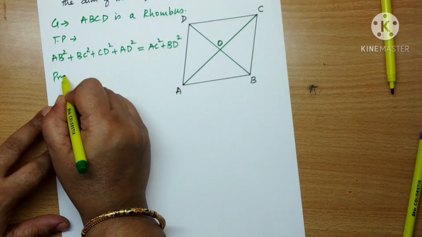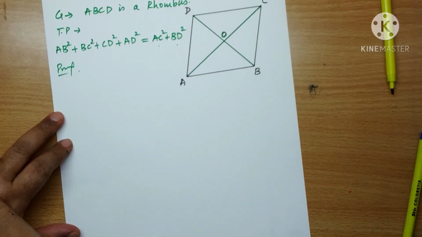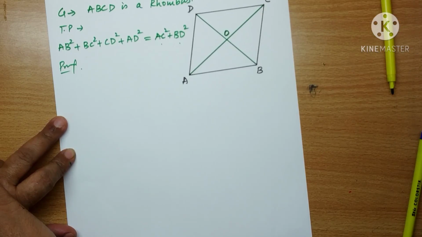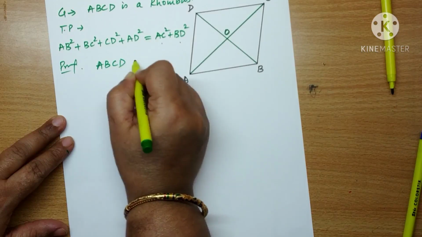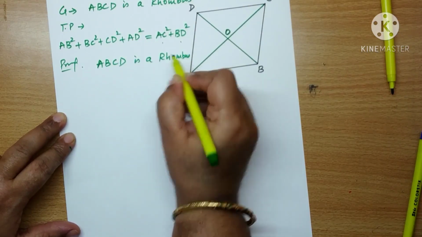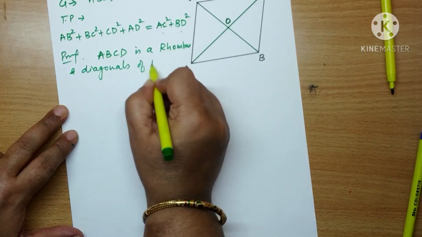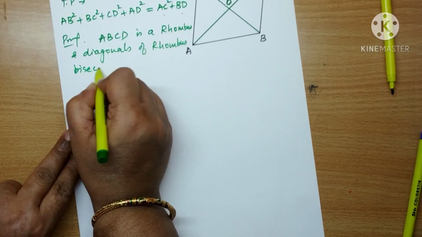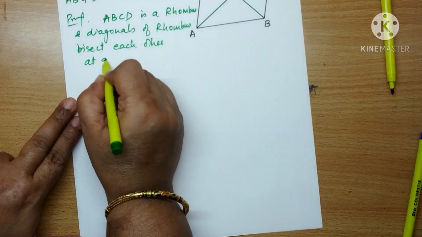Now in a rhombus what do we have? All the sides equal. Now we are talking about diagonals also. Remember the property of diagonals in a rhombus: in a rhombus, diagonals bisect each other at right angle. ABCD is a rhombus and diagonals of a rhombus bisect each other at 90 degree.